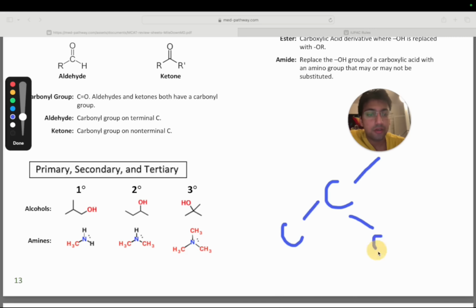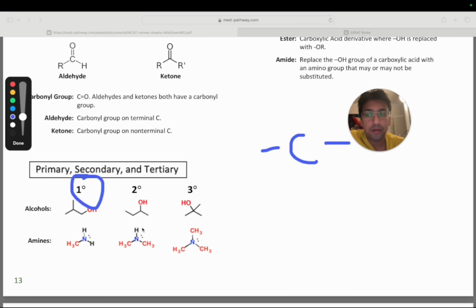It's only bonded to other carbons and your alcohol. That is called a tertiary alcohol. So how I remember this is, in a tertiary alcohol, your carbon is attached to 3 other carbons. A secondary alcohol, your carbon is attached to 2 other carbons. And your primary alcohol, your carbon is attached to 1 other carbon.